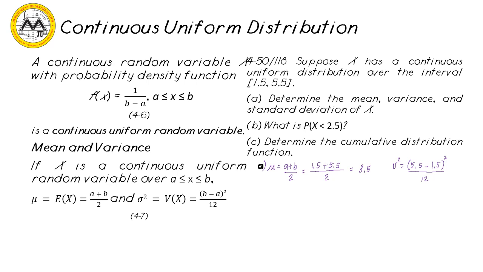This is 4 over 3. If we want to solve for the standard deviation, this is the square root of 4 over 3, which is 1.1547.